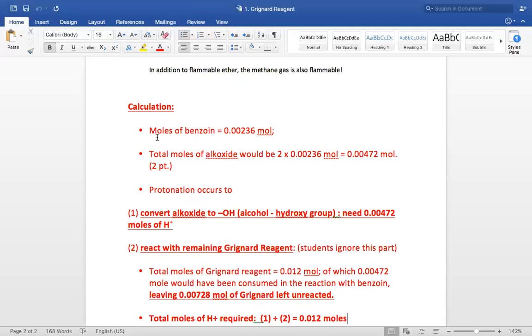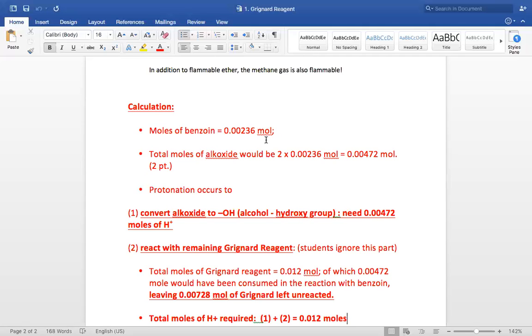And I want all of you to just open the page on your reagent table. Your moles of benzoin is this much. And because you are creating 2 sites on the benzoin, both the alcohol group in benzoin and also the carbonyl group, 2 sites of alkoxide right there, for this reason you need 0.00472.